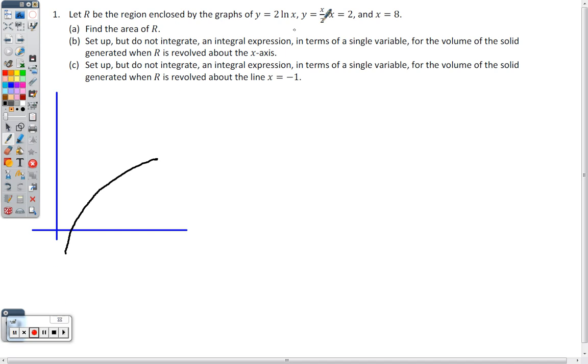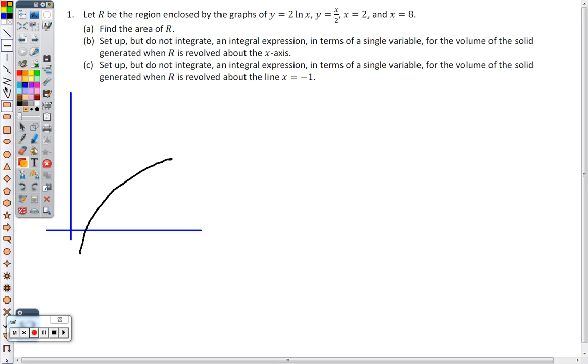And y equals x over 2 is going to be some kind of line, headed out like this roughly, and then x equals 2 is a vertical line, probably somewhere like that, and x equals 8 is another vertical line, probably somewhere out like this.